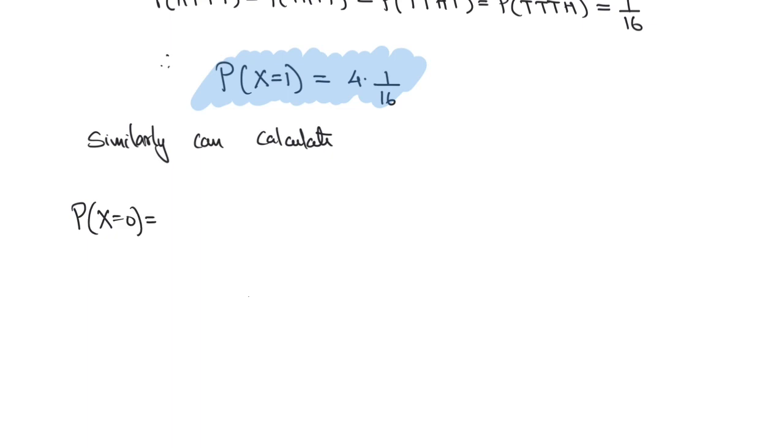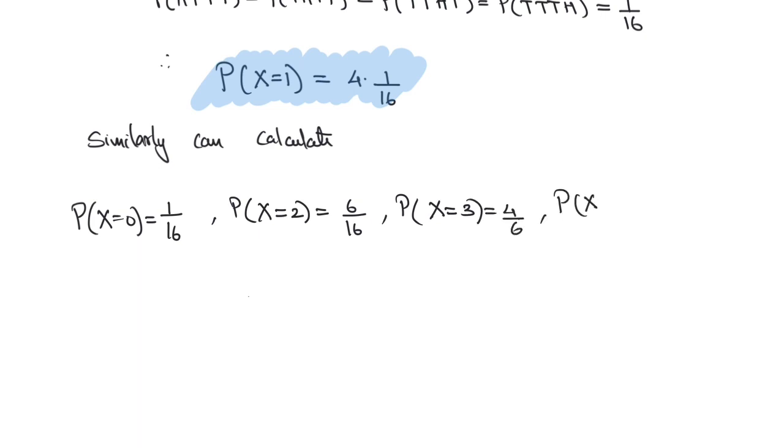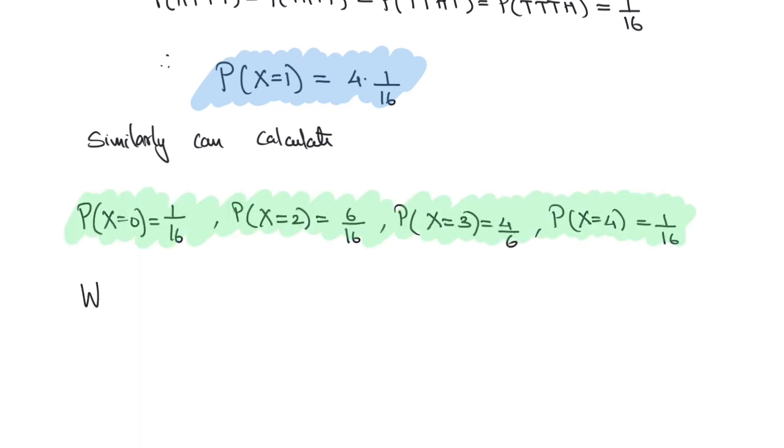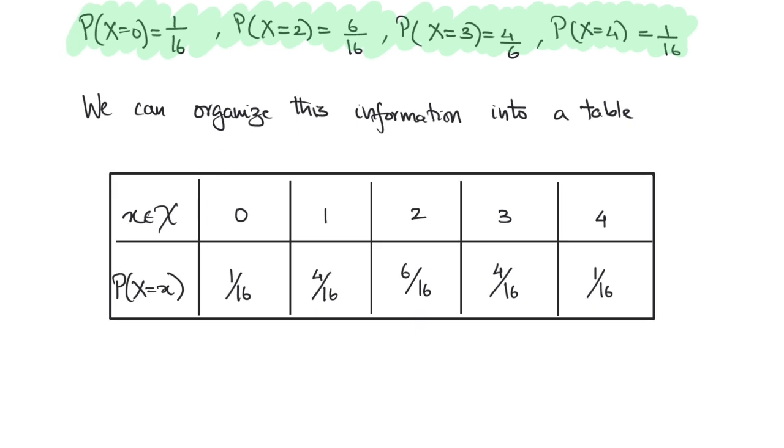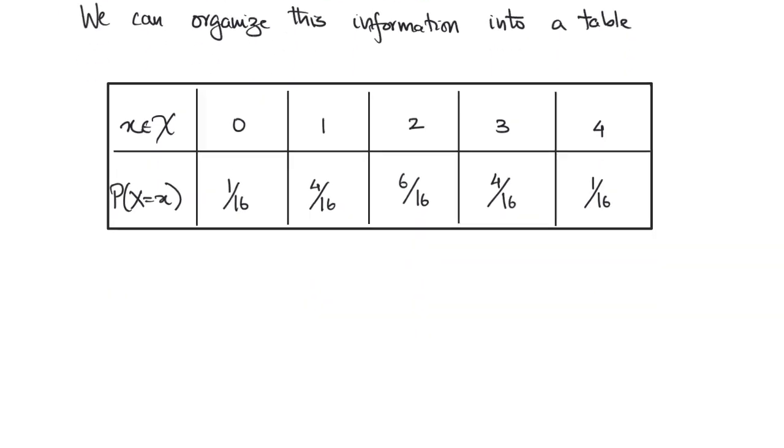We can similarly calculate the probability of x equals 0 to be 1 over 16, the probability of x equals 2 to be 6 over 16, the probability of x equals 3 to be 4 over 16, and the probability of x equals 4 to be 1 over 16. We can organize this information into a table where the first row corresponds to the values of x and the second row corresponds to the probabilities of x equals small x.